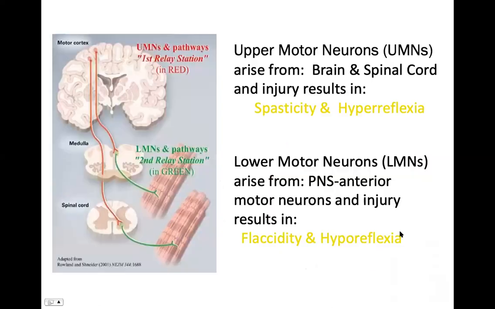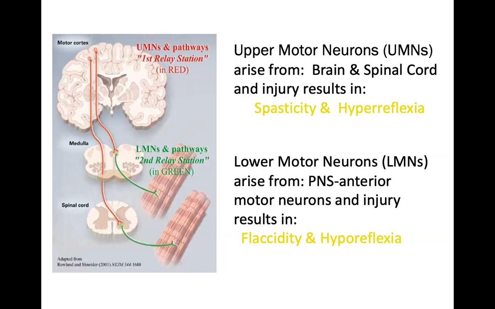And I'm going to keep going here for a minute. So how you differentiate that motor response I was telling you about. An upper motor neuron comes from the brain and the spinal cord. When you have an upper motor neuron injury, something like a brain injury or a spinal cord injury, the motor neurons get spastic and you end up with hyperreflexia.